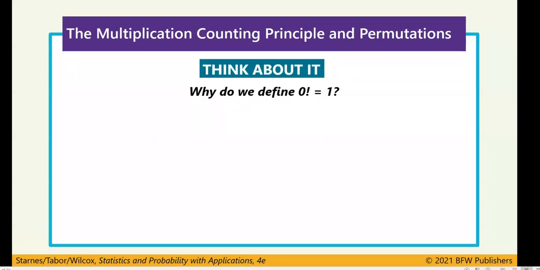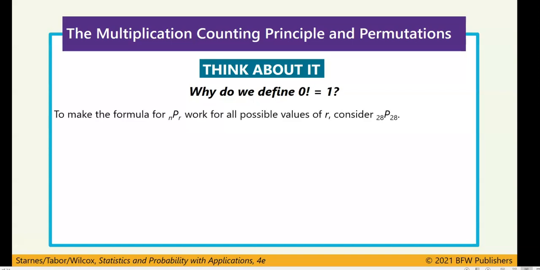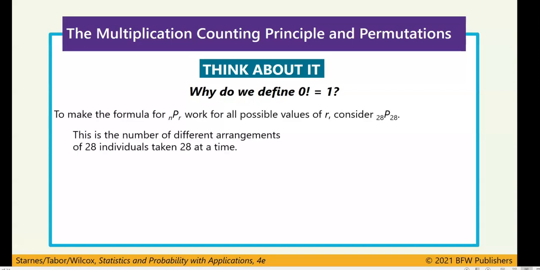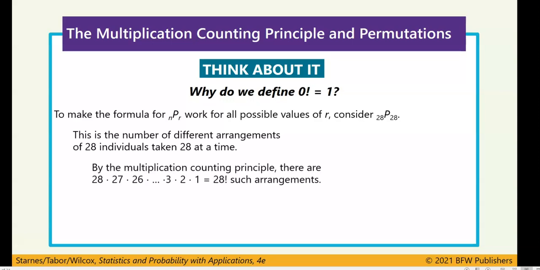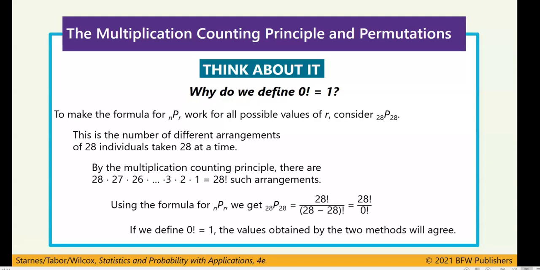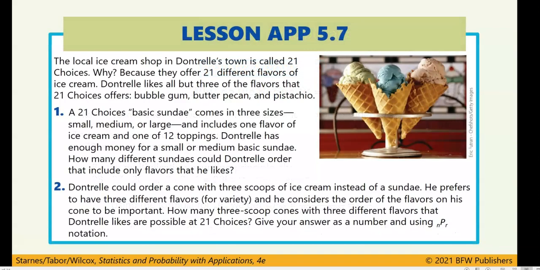I don't think that's that important, but 0 factorial is 1. If we divide by 0 factorial equals 1, the values obtained by the two methods agree. So it's just a different way of showing it.